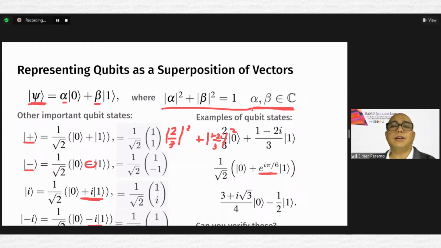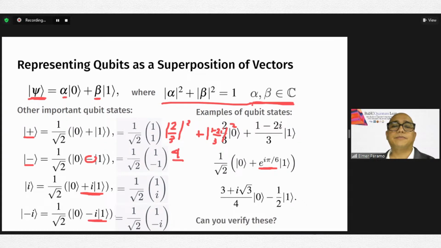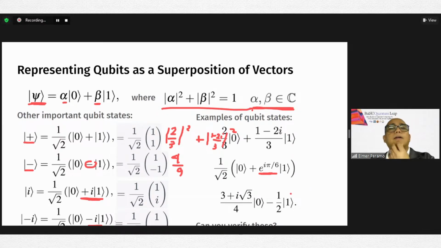This one is easy. 2/3 is just 2/3, so squared, that's 4 over 9. For 1 minus 2i, that's 1 squared plus 2 squared. 1 squared plus 4, that's 5. 3 squared is 9, so 5 over 9.